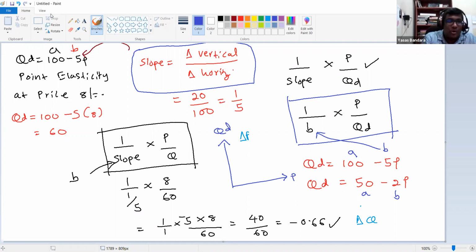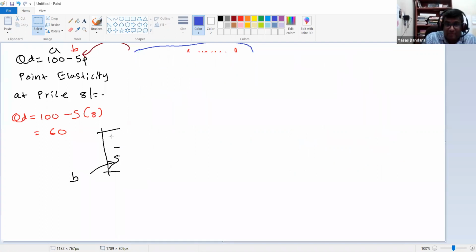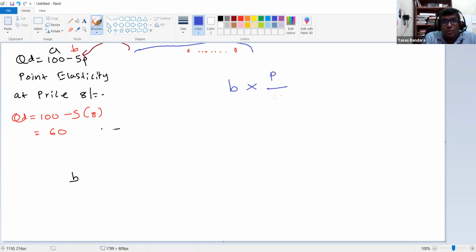So it is quite easier to tell the student that if he or she has to calculate point elasticity, what they should do is get the B and multiply it by price over quantity. Let us say demand elasticity, it's quantity demand.